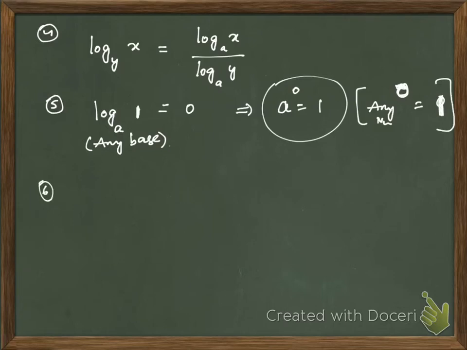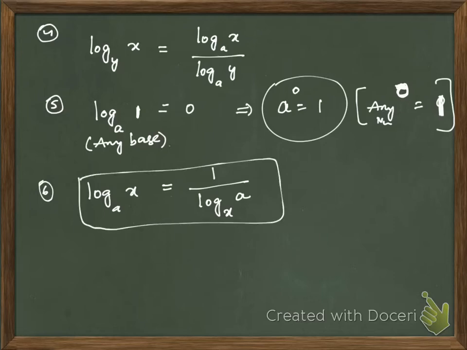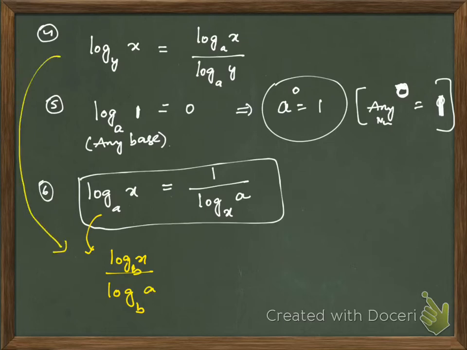Next, if you have log x to the base a, you can write it as 1 by log a to the base x. Now how you are getting this, I will just elaborate a little, observe carefully. Log x to the base a can be written as log x to some base, put it as b, log x to the base b by log a to the base b, because we have seen this formula here.